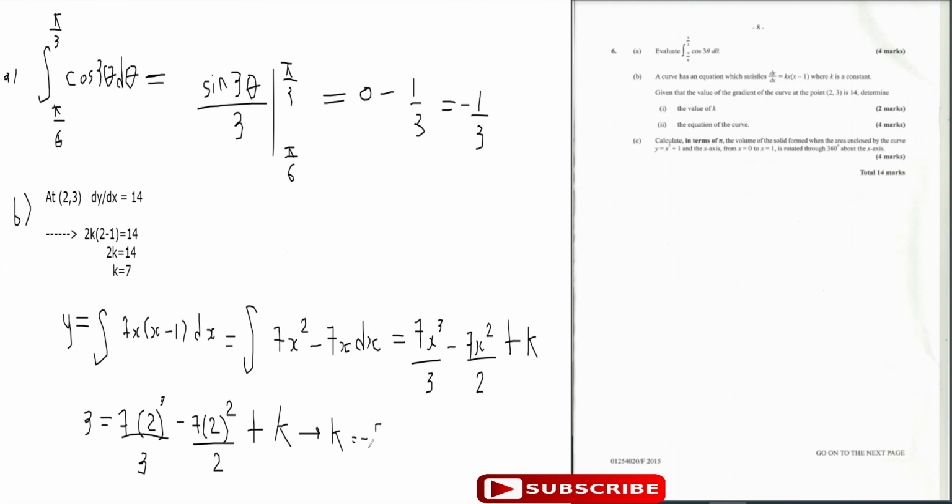If k is negative 5 over 3, then it is telling us that y is equal to 7x cubed over 3 minus 7x squared over 2 plus k, and k is minus 5 over 3.